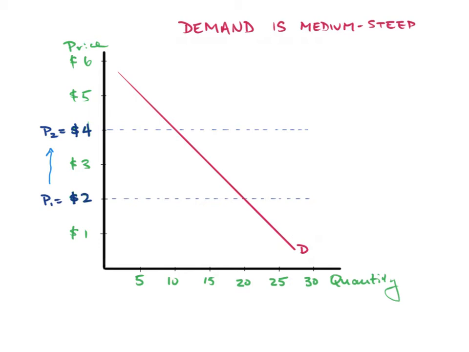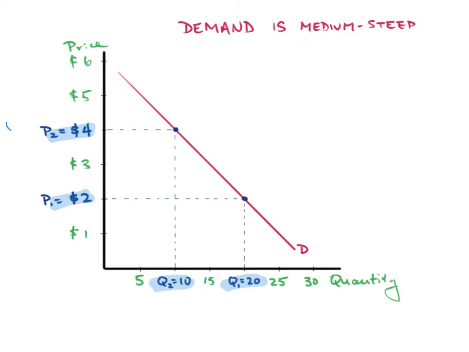When the price was $2, quantity demanded was 20. When the price increases to $4, quantity demanded goes down to 10.